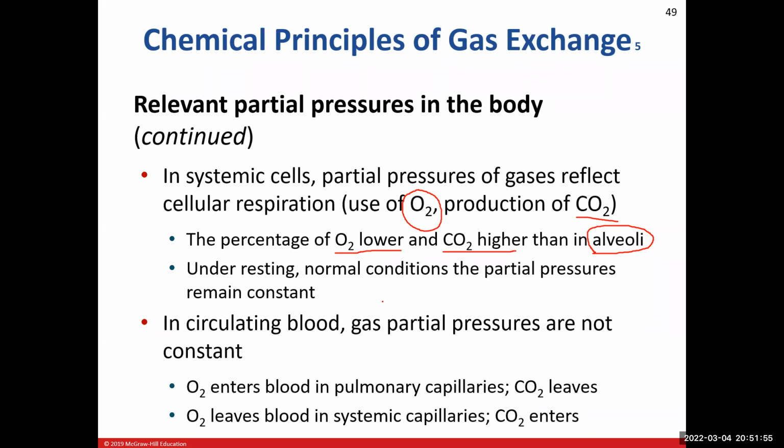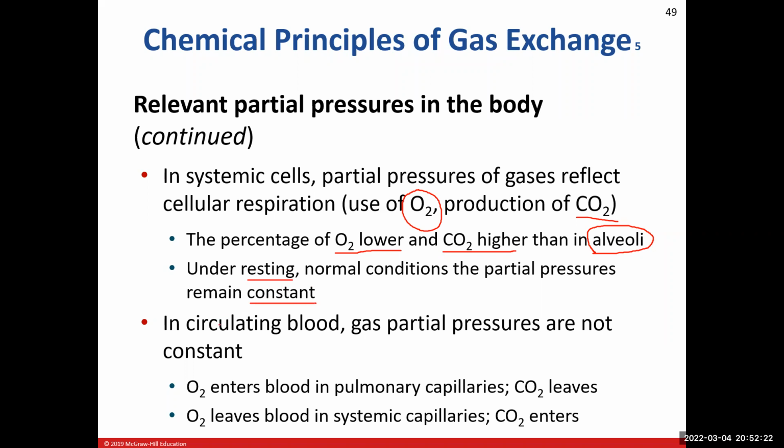So when we are doing what we're doing right now, when we are resting and just hanging out, these partial pressures are going to remain constant. So a lot of these values will go unchanged. Now it varies when you start to exercise. There's a lot of other factors involved. But for right now, this is just going to be under resting normal conditions. But here's the thing.